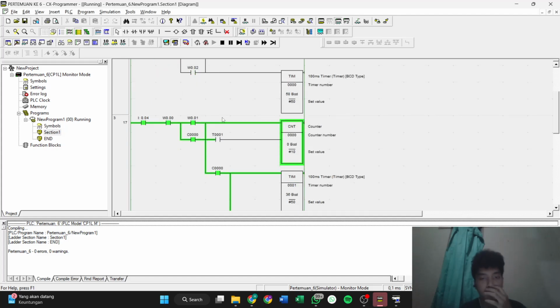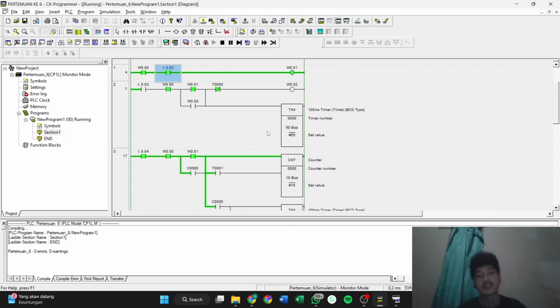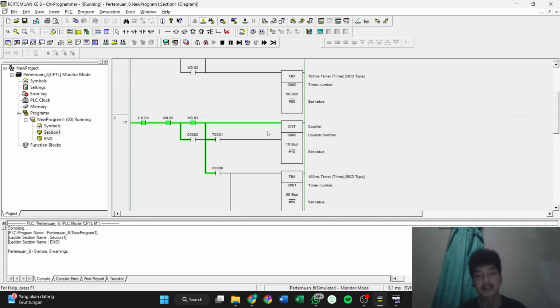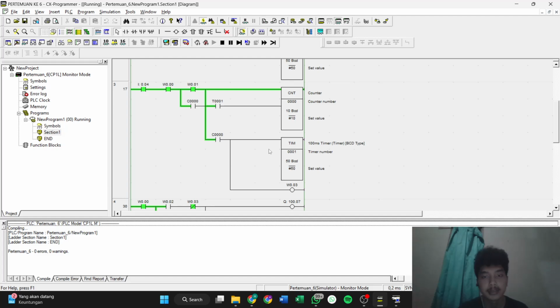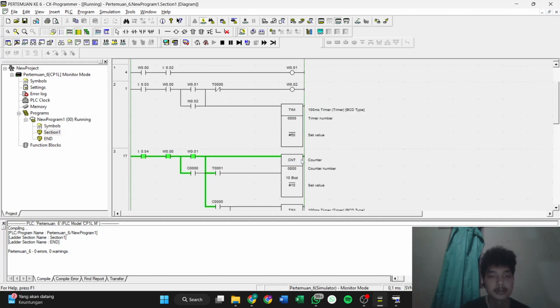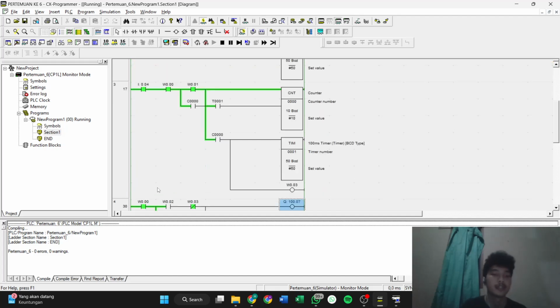When the proximity sensor detects the object, the timer is on for 5 seconds. The pneumatic cylinder piston detects the object and moves up for 5 seconds.